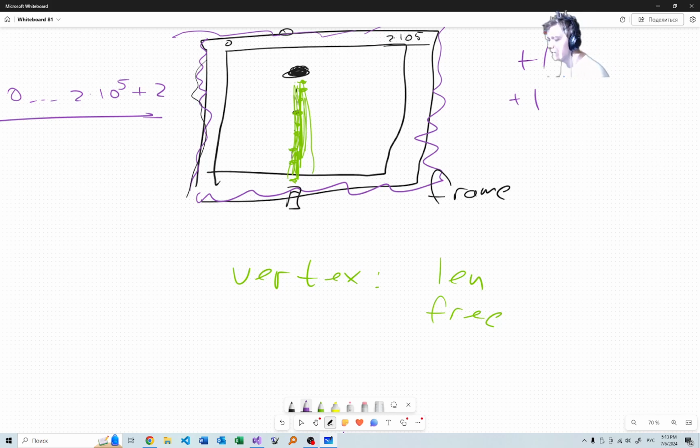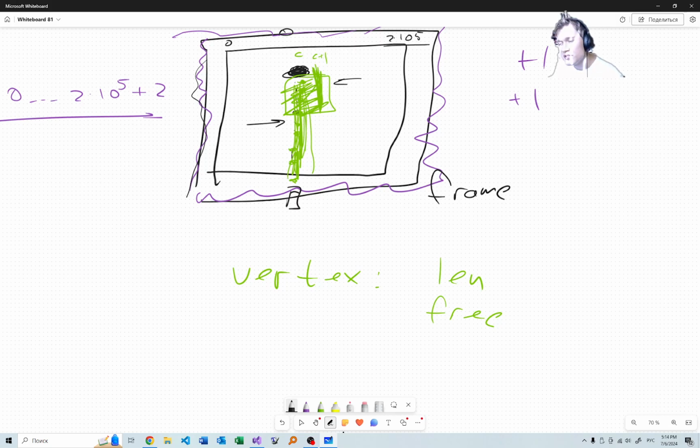Vertices are adjacent if you can get from one to another by at most one move. So the only way for two vertices to be adjacent is that they are in adjacent columns, column C and column C+1, and their segments intersect. This is the only way. It is easy to check if two vertices intersect or not by simply considering these two segments.